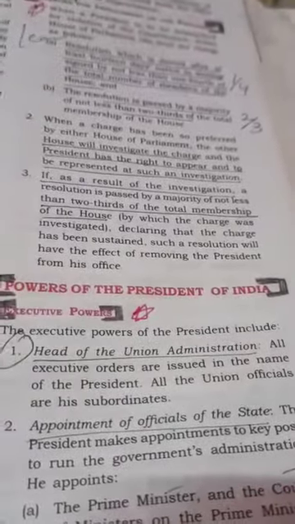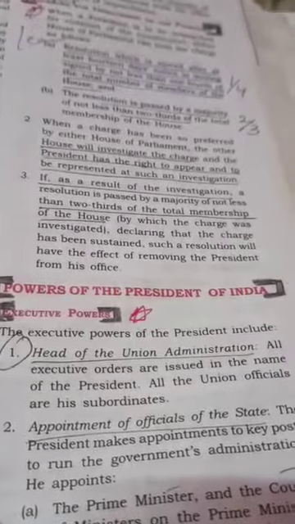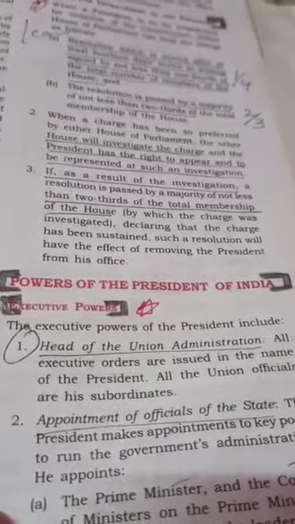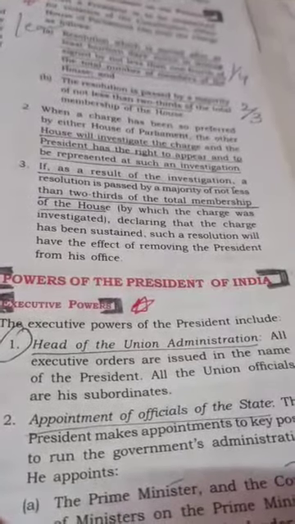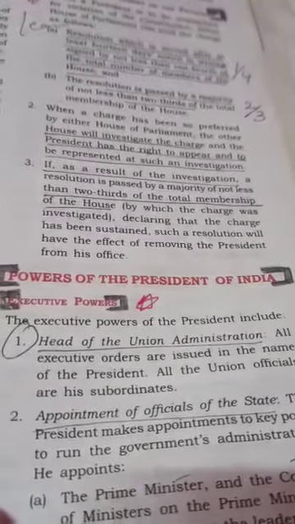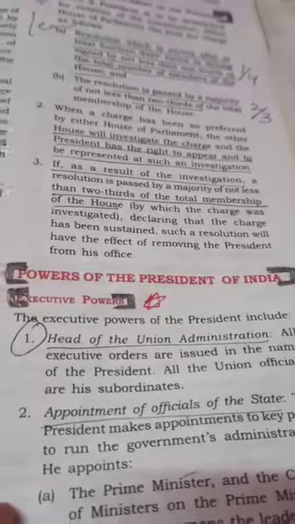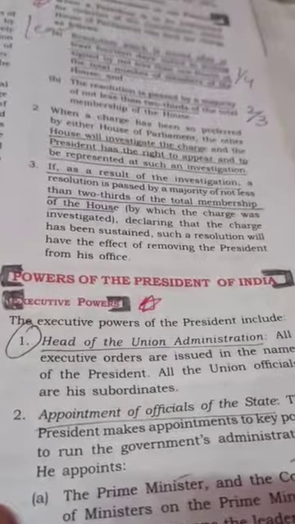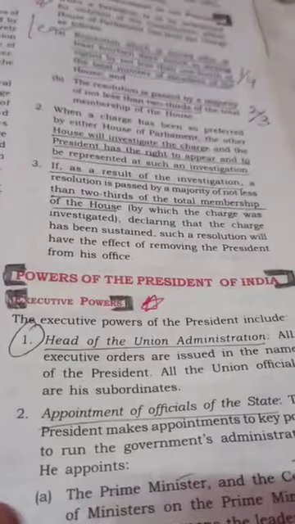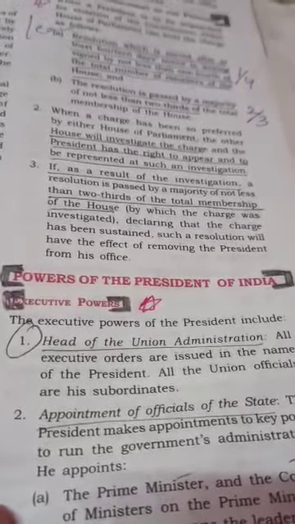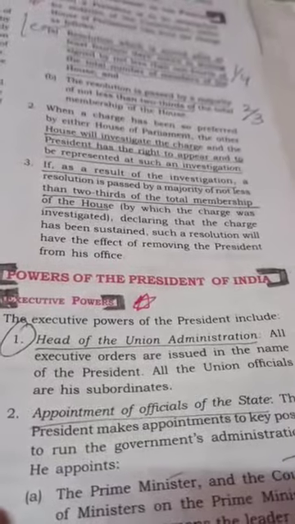So during the investigation time, the president should be present there. If as a result of the investigation, a resolution is passed by a majority of not less than 2/3 of the total membership of the house, declaring that the charge has been sustained, such a resolution will have the effect of removing the president.